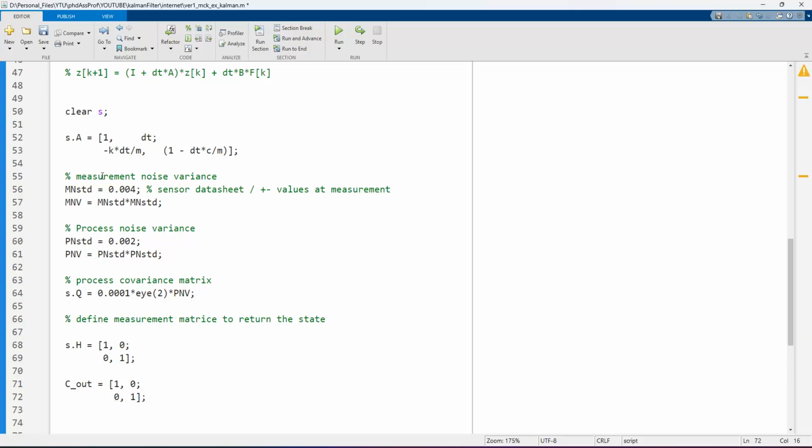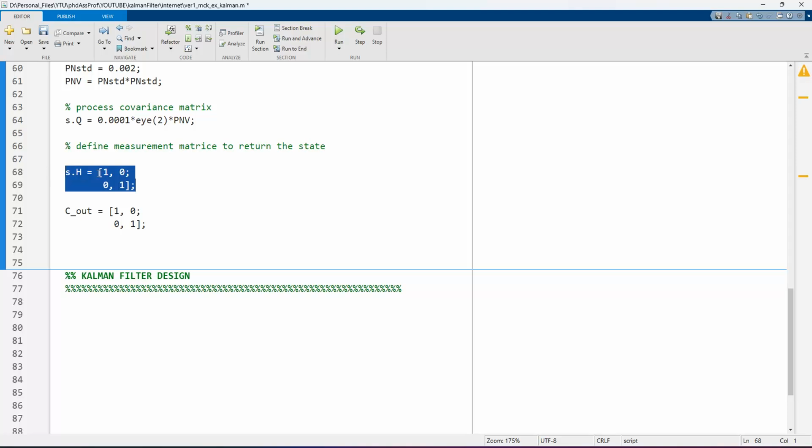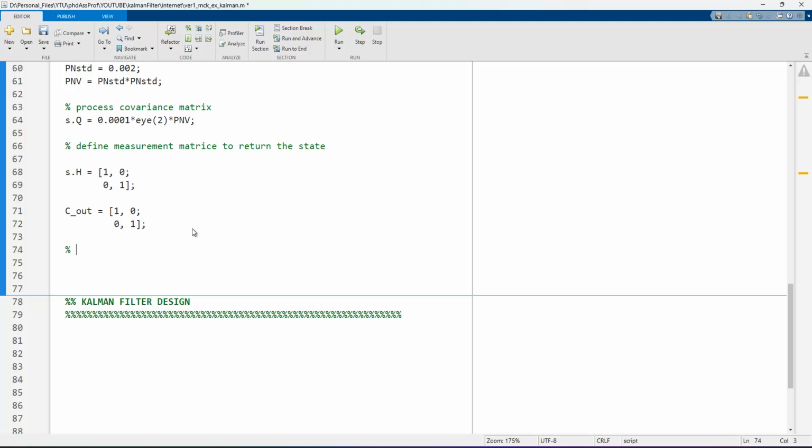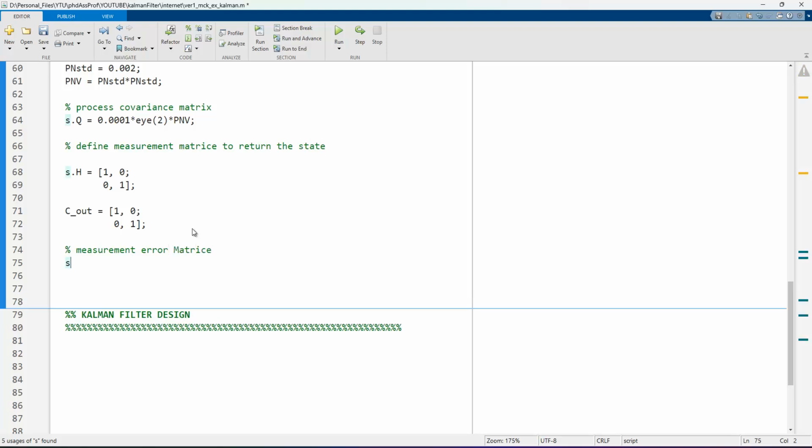Okay, so in this case we estimate both position and velocity, and also we obtain or measure the position and the velocity in here. After that we need to define the SR or measurement error matrix or coefficients, just like this one.